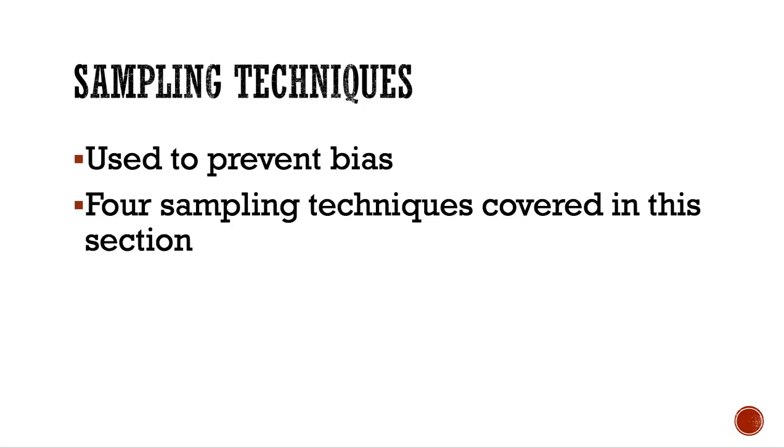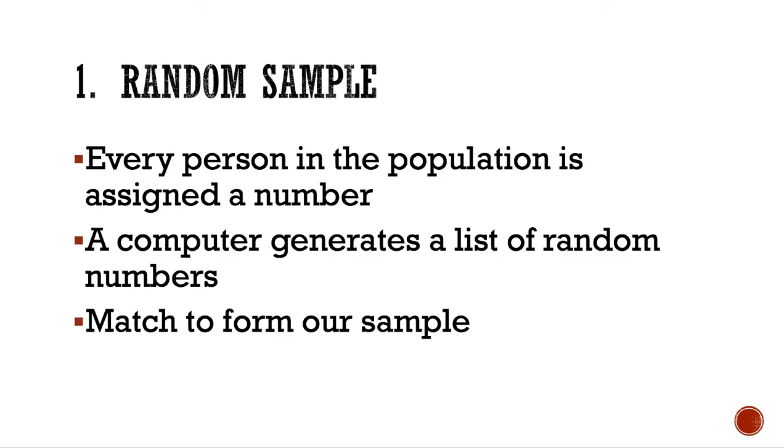We also looked at sampling techniques in this first chapter. We talked about 4 sampling techniques. You would want to be able to identify examples for each of the 4. So remember that a random sample means that every person in your big group is given a number.